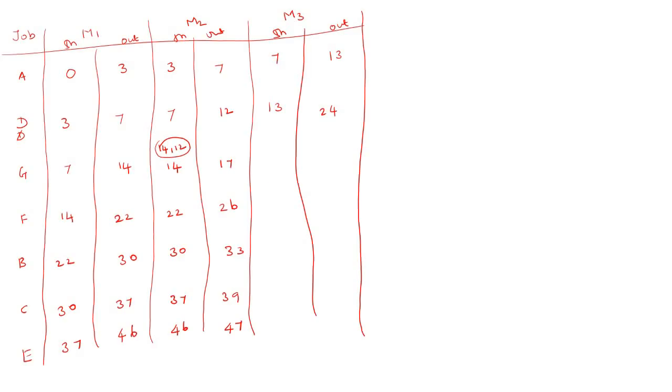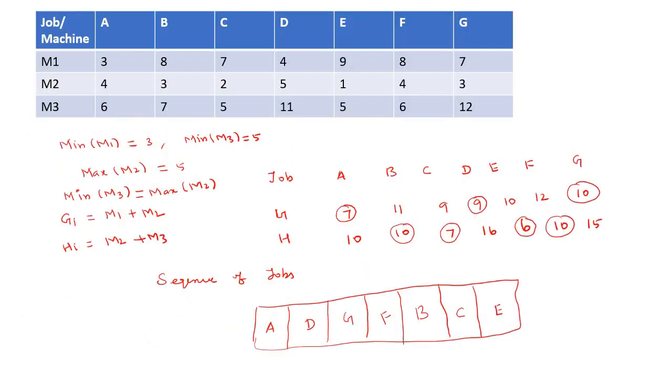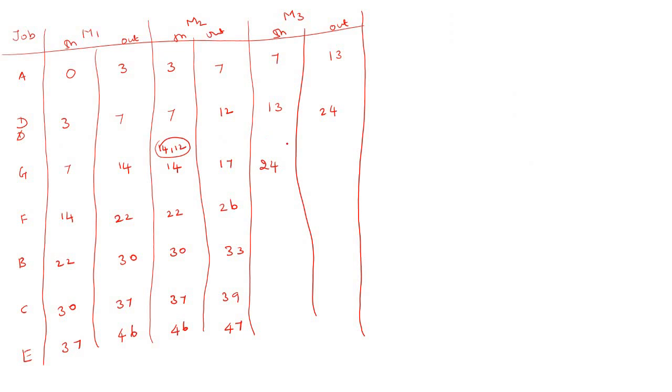So the maximum of 24 comma 17 is 24. So next we add the G. 12. 24 plus 12 is 36. So the maximum is 36.